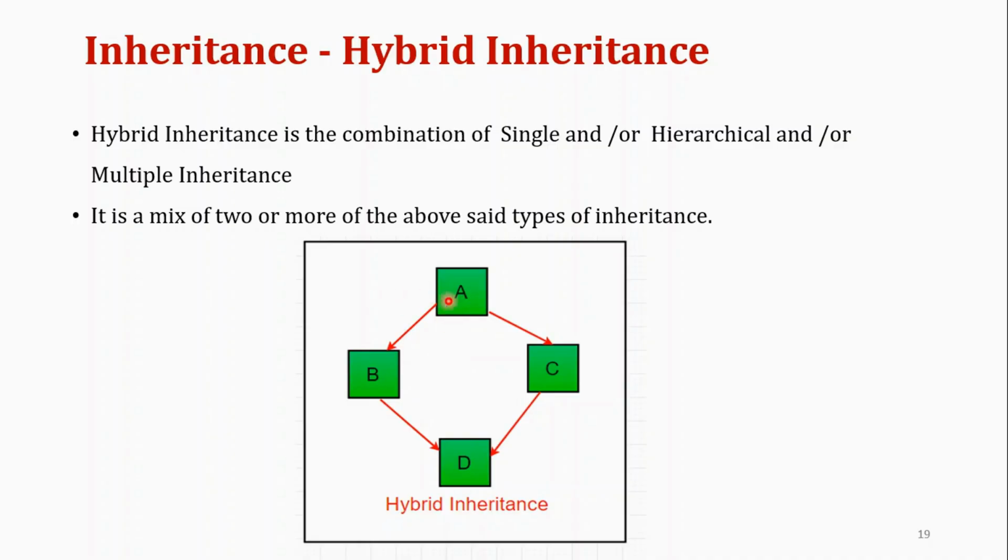If you cut class A, then D is getting from B and C, which is multiple. If you cut class C, then A, B, D is multi-level. So you can have multiple, multi-level, and hierarchical inheritance all together in a hybrid inheritance.